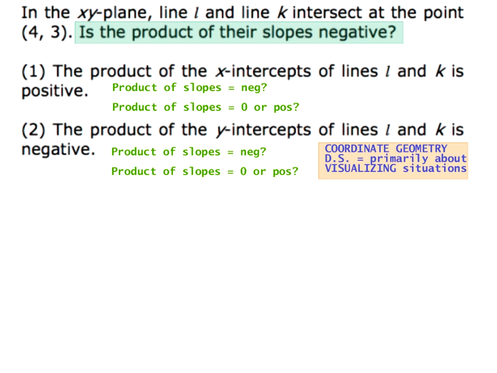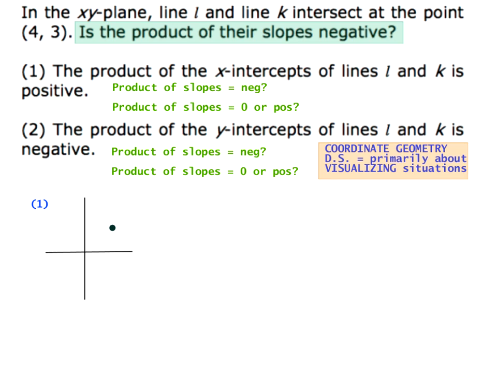So let's picture this. So statement 1, you have this intersection at 4, 3. It's probably not terribly important that those be the exact coordinates, but it's going to be something like there. That's the intersection point.